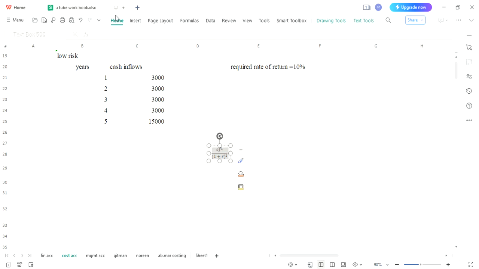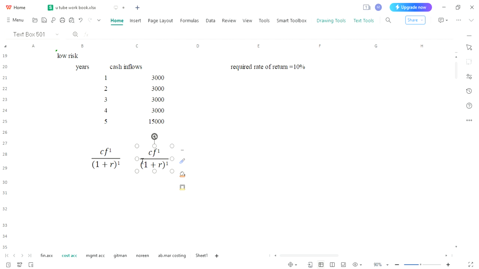Now there will not be any need to write it again and again. Instead of that, we will pick it and we'll copy it. So how many cash flows we have? 5. For first, we have it, and for second, look, within a second we have got our second cash flow calculation.